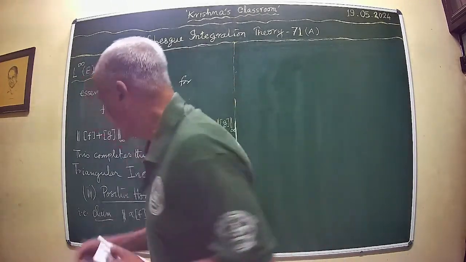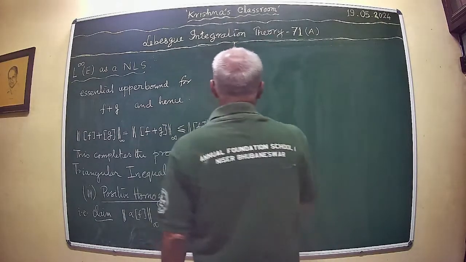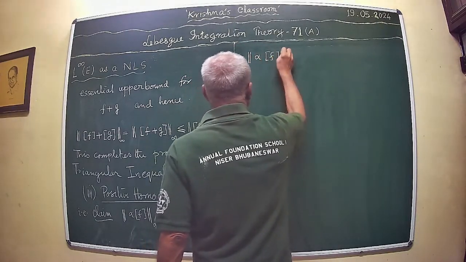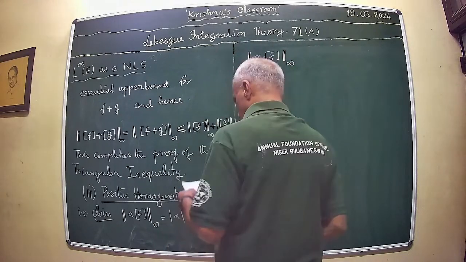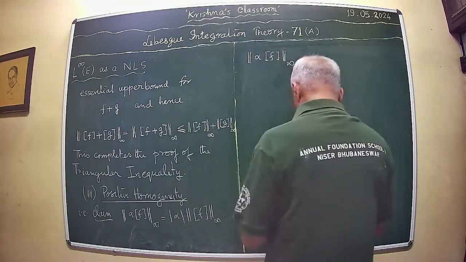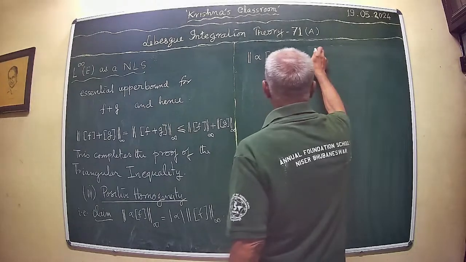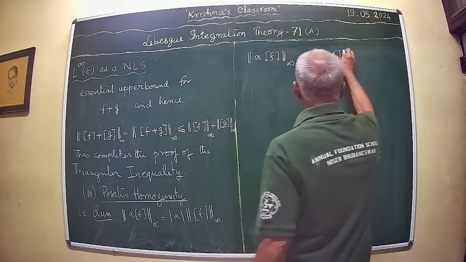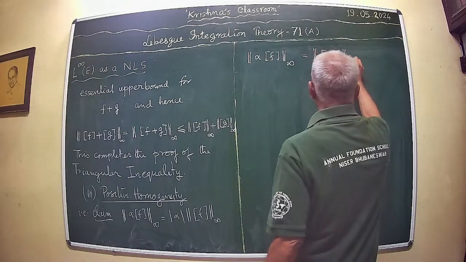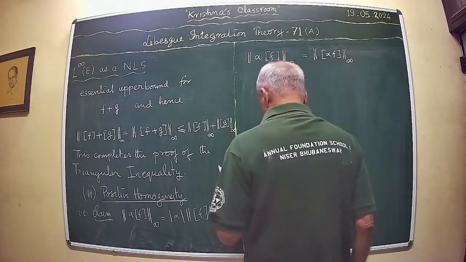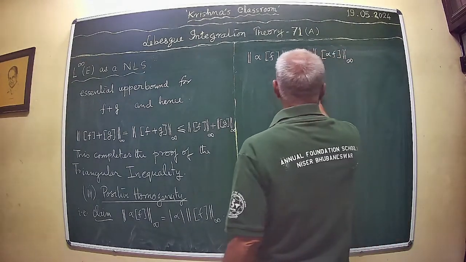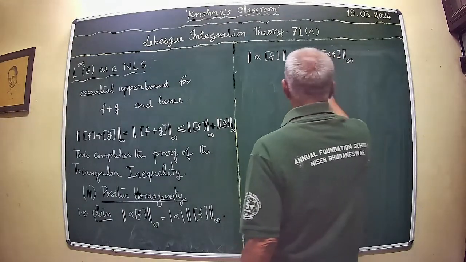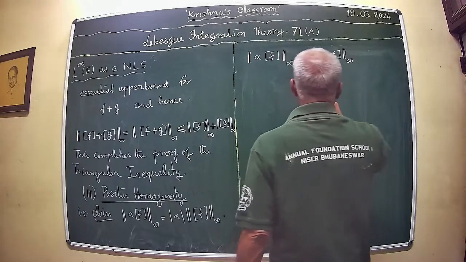Let's prove this. So let us work on this. The norm of alpha f is essentially the supremum, and this is equal to mod alpha into the norm of f.